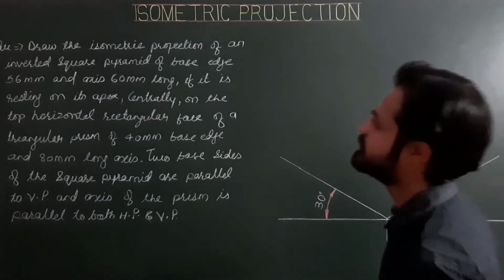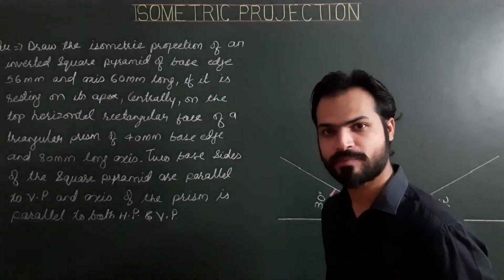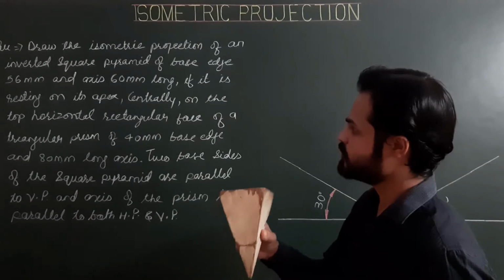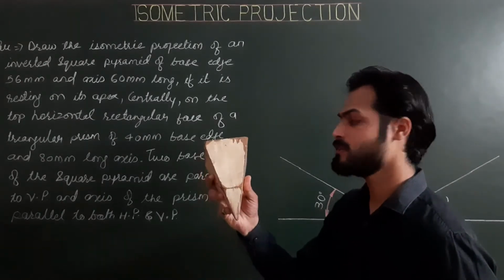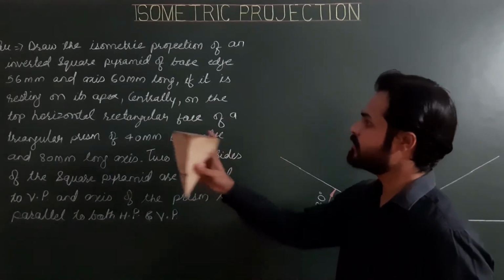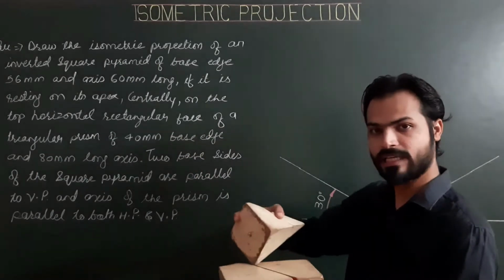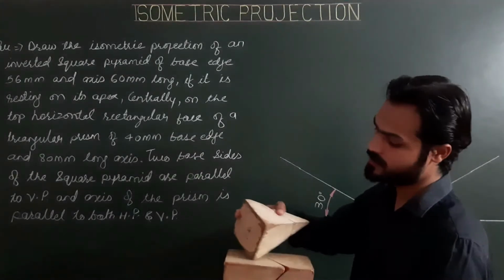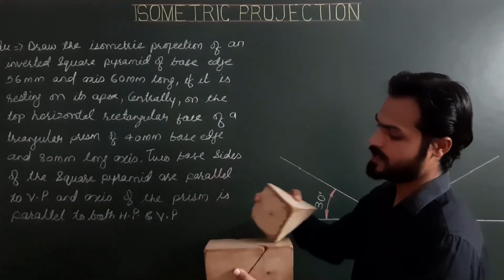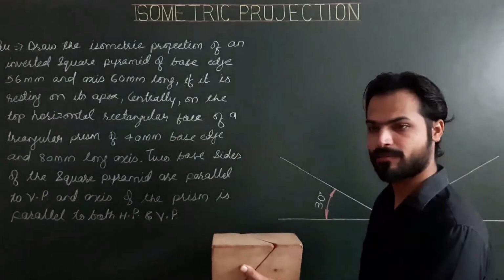Here two solids of the combination are, first a square pyramid and second a triangular prism. Now the square pyramid is resting on its apex, so the apex point is contained by the top horizontal rectangular face of the triangular prism. It means for the triangular prism this face is horizontal, meaning this plane is parallel to the horizontal plane.